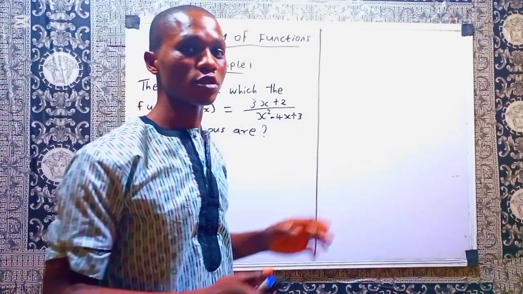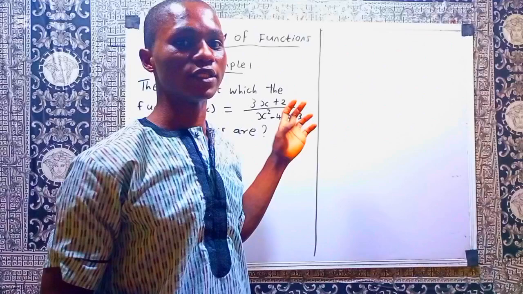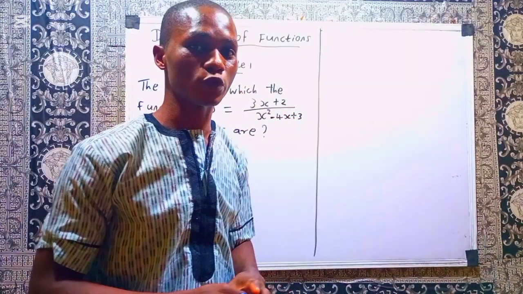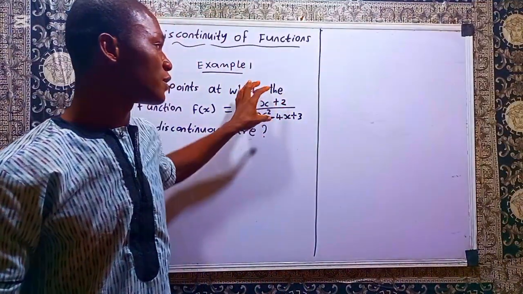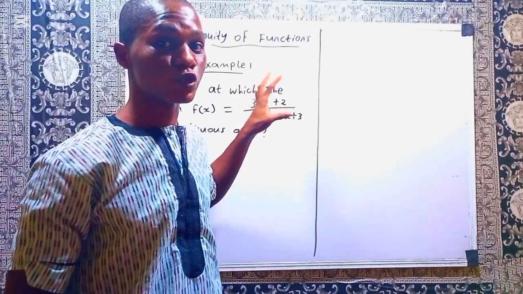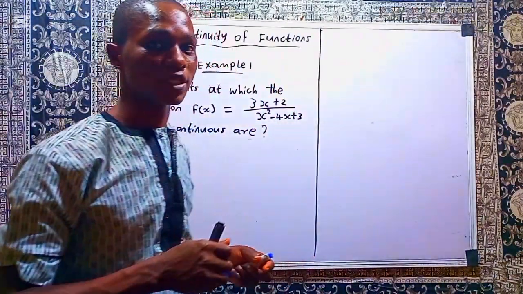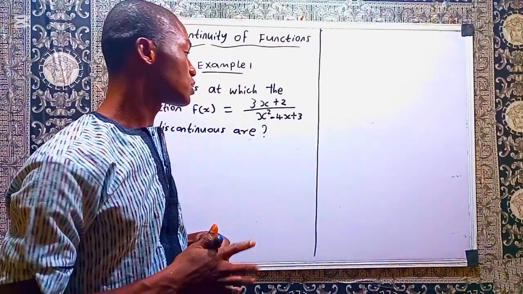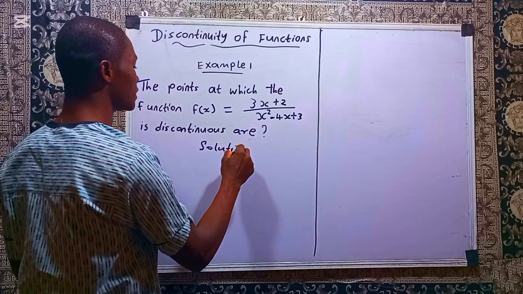When you set the denominator to be 0, you find those points that will make the denominator 0, and those points will be your points of discontinuity. The reason is that if you have a rational function in fraction form like this, then the function is discontinuous whenever the denominator is 0. So those points that make the denominator 0 are the points of what? Discontinuity.